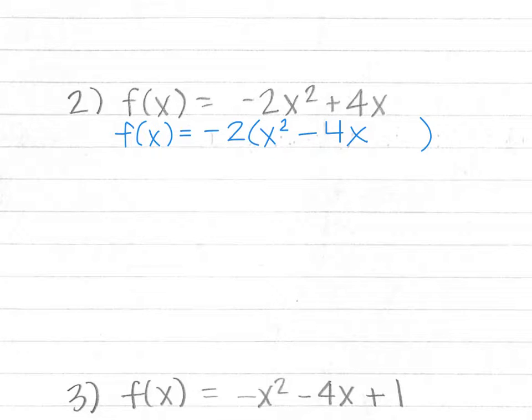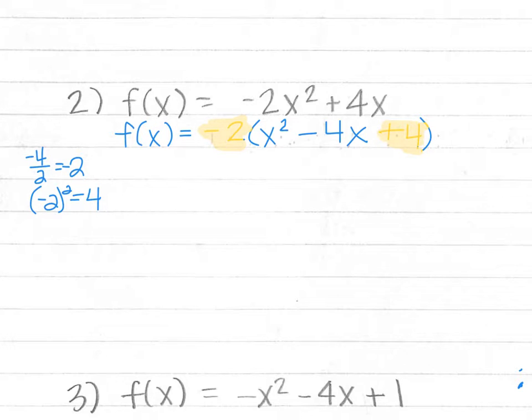So we'll have 4 over 2 is 2. Well, this is -4, so -2. And then -2 squared is a positive 4. So in here we're going to add 4. However, we would have to distribute this -2 to this positive 4, which in reality is giving us a -8.